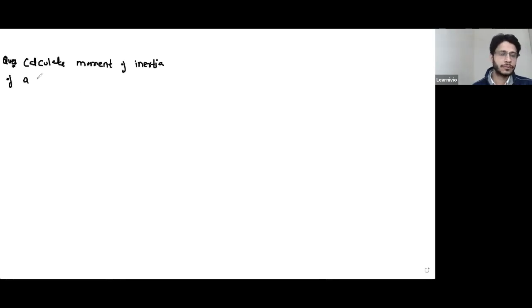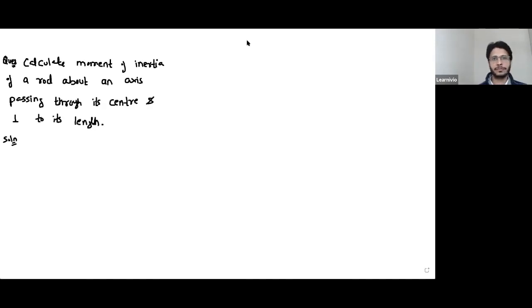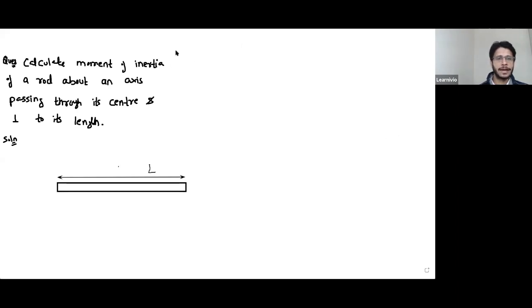After this ring, there is another problem of a rod. So the next is calculate the moment of inertia of a rod. I take an axis which is passing through the center of the rod. This is the axis about which you are supposed to calculate moment of inertia.